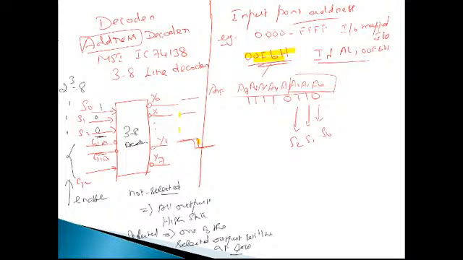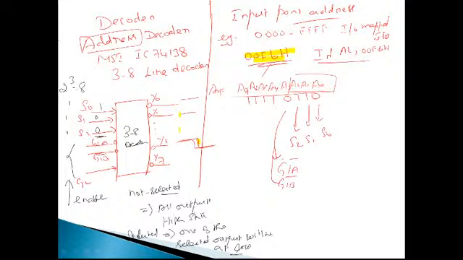By looking at this particular pattern, I have 1 0 coming here. So you can connect this to G1 A bar, right? The same thing you can connect with G1 B bar also.